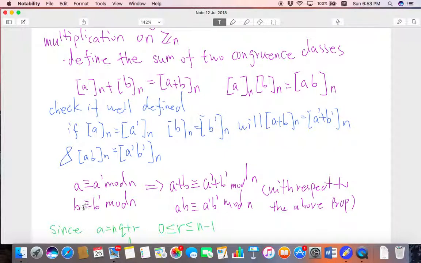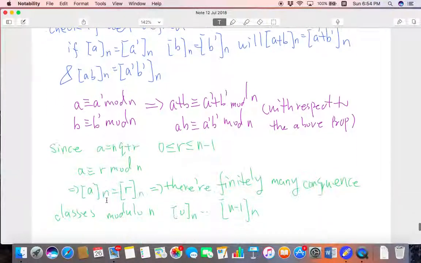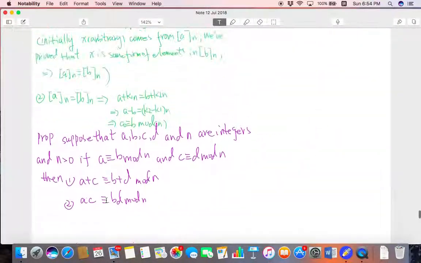You write out what it means for congruent classes to be equal, and this also comes from a proposition, the first proposition actually. When I mentioned congruent classes just now, they were on the above side, and it was not quite clear. I will go back to that.